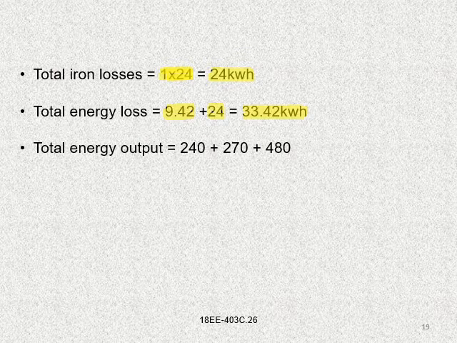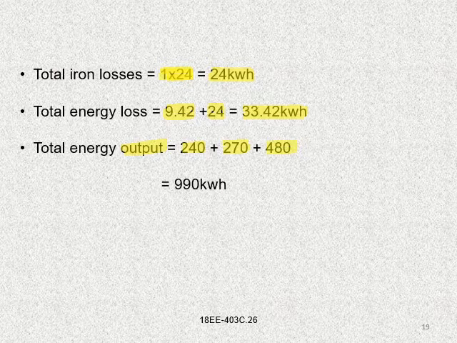Now the total energy output is 240 for the first duration, 270 for the second, and 480 for the last, in a total of 990 kilowatt hours. Now we have the output in kWh and the losses in kWh.